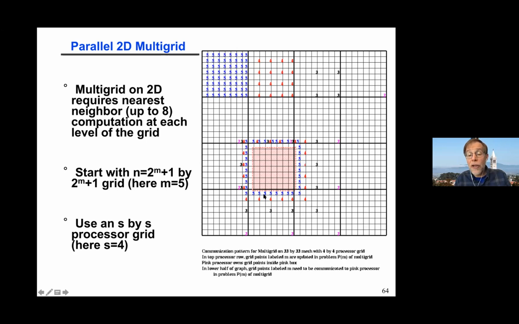So there's communication for every blue point labeled 5. On the coarser mesh, I need all of the points labeled 4. Again, my nearest neighbors, now they have half as many points as before. When I go to coarse grid 3, again, I talk to all my neighbors, but I have half as many points as before, coarse grid 2. And when I finally get even coarser, some processors are idle because there's no work to be done.